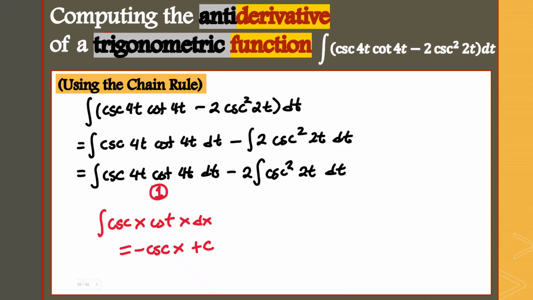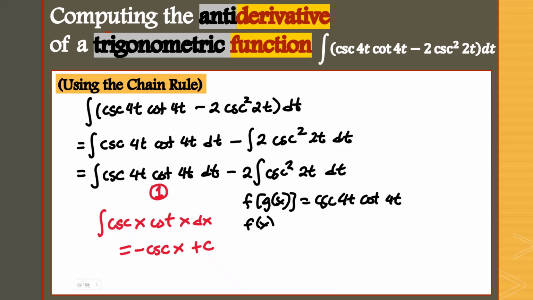So basically here we are going to solve for this first as we take the entire function. Again, this is just still on 1. You have here cosecant 4t times cotangent 4t as one term, one function.